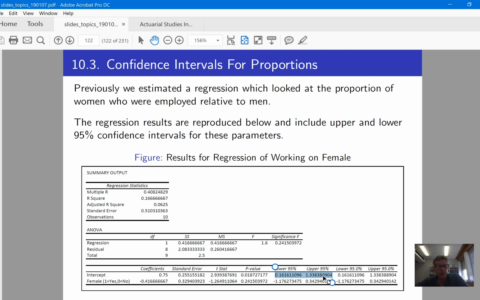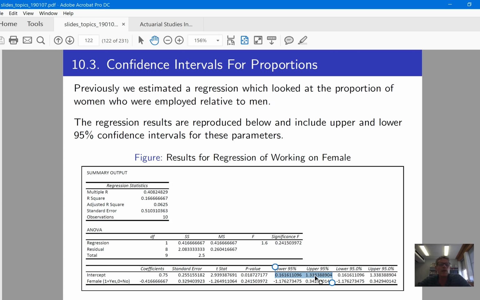Hang on, proportions have to be between 0 and 1. How can I have a proportion of 1.33? 133% of males. There are more employed males than there are males. Can't possibly be true. And that's exactly correct. There's nothing incorrect about the calculations here. This is the confidence interval as calculated using the method we've given to you, but there's nothing in the way we've set things up here to prevent that strange result from happening.